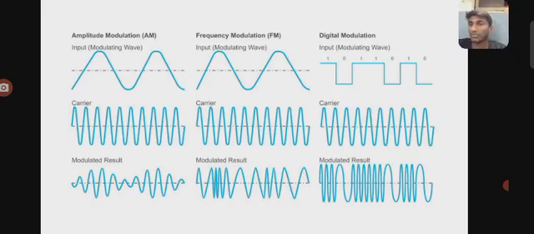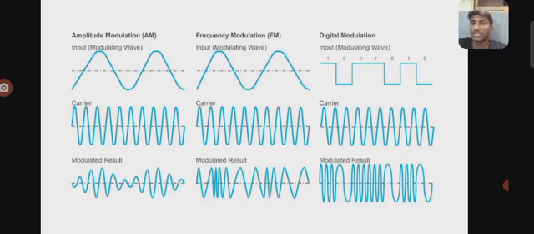Coming to amplitude modulation, here the amplitude of the carrier, which is a high frequency signal, is changed according to the envelope amplitude of the input signal. Here you can see the resulting signal, which is a high frequency signal, but its amplitude is similar to the input signal.